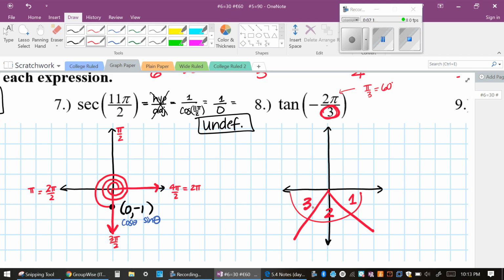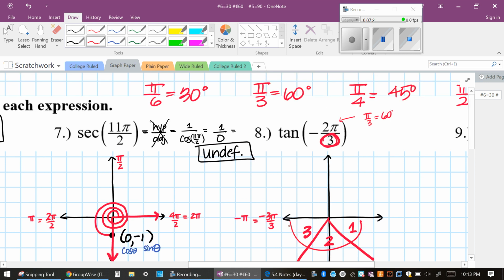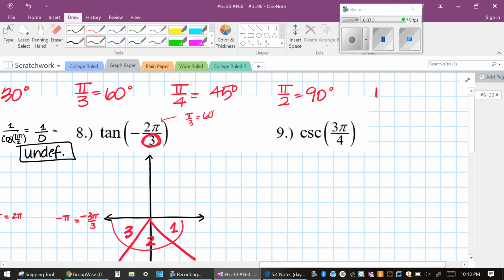And each of those would be 1 pi over 3. Now I'm going down and around because it's negative. So this would be -1 pi over 3, -2 pi over 3, -3 pi over 3, which makes sense because this 180 always is equivalent to pi. So add that to the list for radians and degrees. 1 pi is 180 degrees. Things that you need to make sure you know.